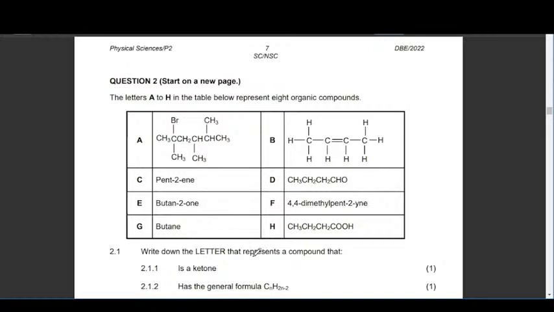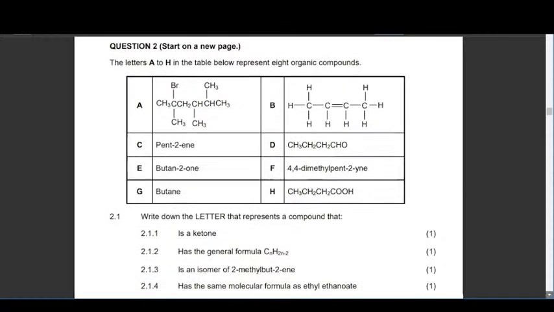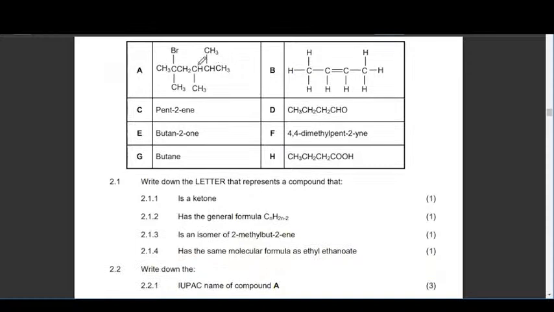Write down the letter that represents the compound that is. So before you start, you need to know how to classify all of them. For the purpose of time, we might not classify them now. Let's go to the question straight.